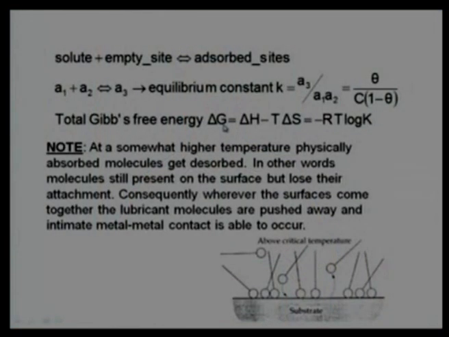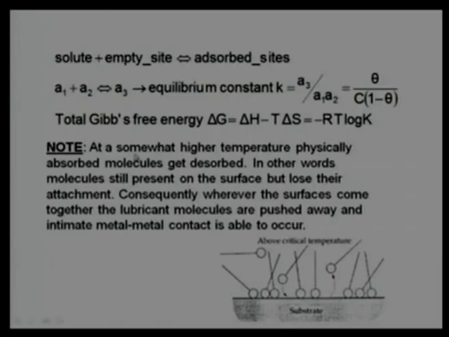This clearly says that as the temperature increases, Gibbs energy is going to go down. If Gibbs energy is lesser, you need to supply lesser energy to disturb the lubricant film. If this energy is more, then you require more energy to disturb the film, and it will be more stable compared to the stability at high temperature.